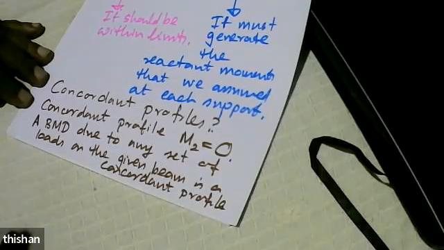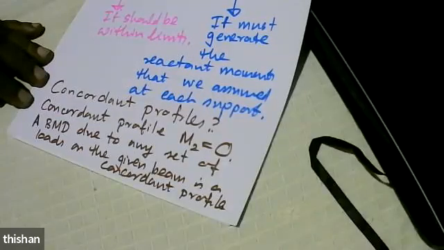No. That means the curvatures that you get due to a concordant profile will be compatible with the curvatures that you get due to any set of loading. So if you fit a profile along a bending moment diagram, then the curvatures will be compatible, 0 settlement or 0 uplifting at the internal supports. And that is exactly what will happen in the case of M2 equals 0.